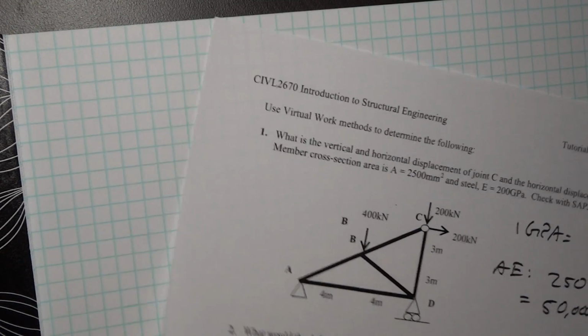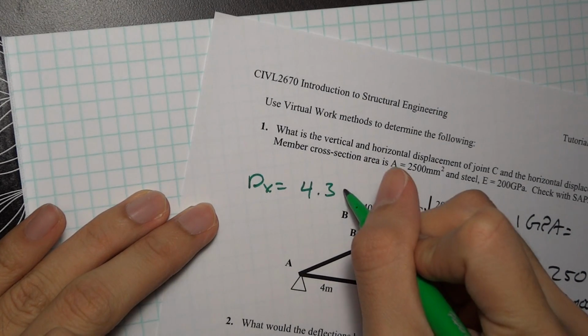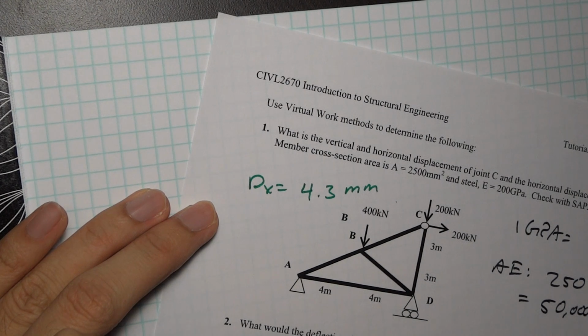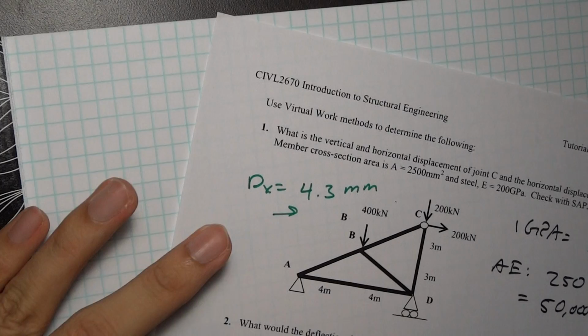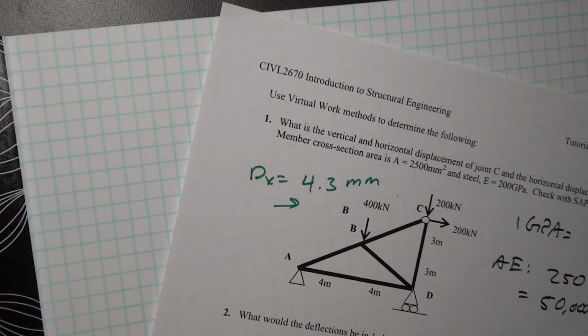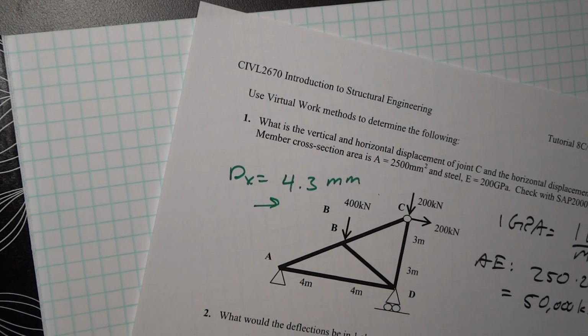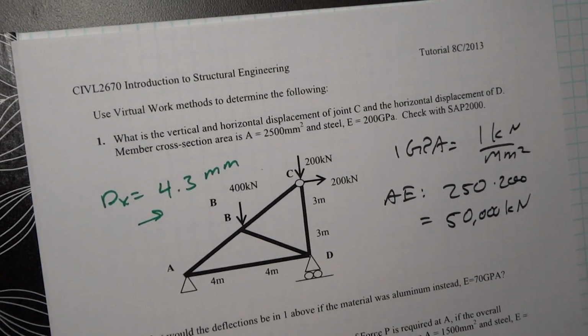Right now, I have that dx equals 4.3 millimeters, and I think that's to the right, that way. So you should get this one, and that'll be a good reference for you guys. If you don't get dx, then make sure that you're doing the procedure correctly. So you might want to start at dx. Email us if you have any questions.